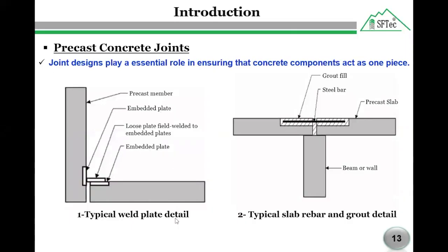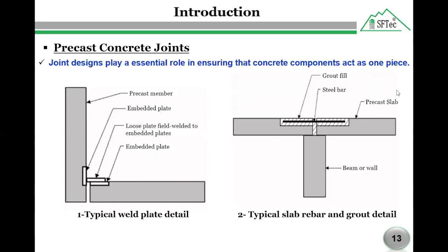As I mentioned here, we have two techniques. We use embedded steel plates in the structural element, as we see here on our right side, and after that we can connect these two structural elements together to form the connection.